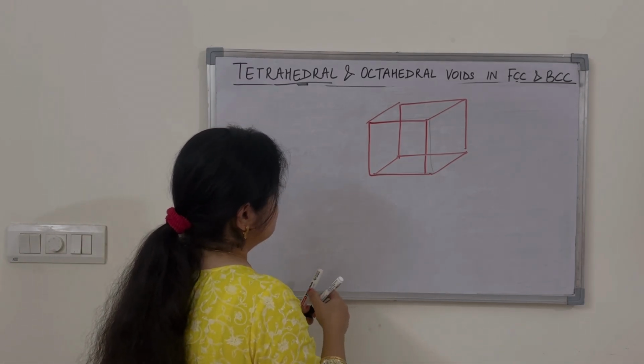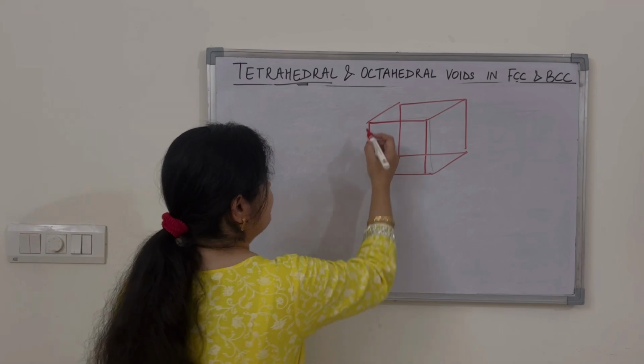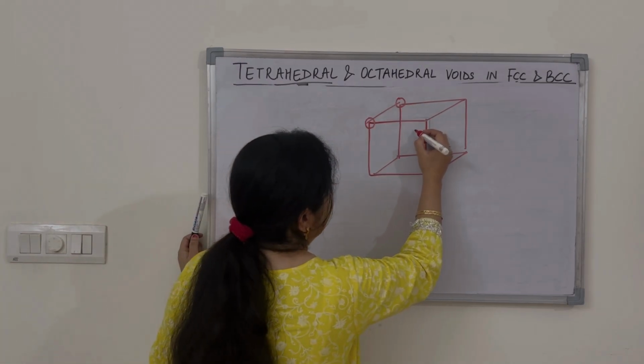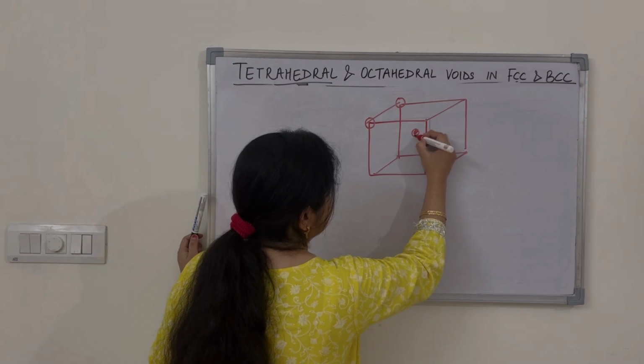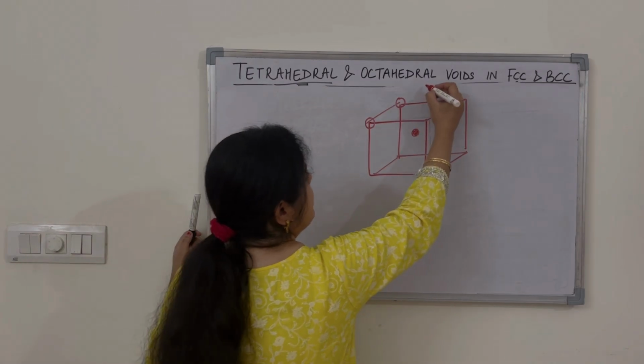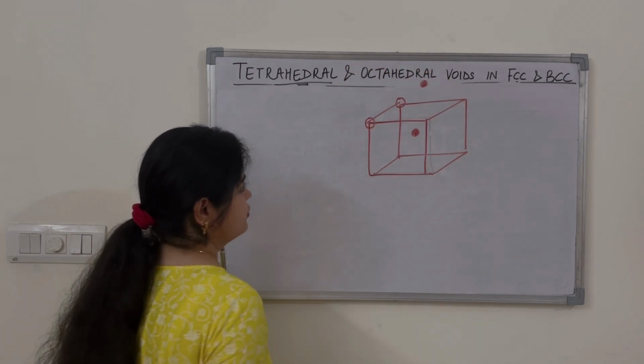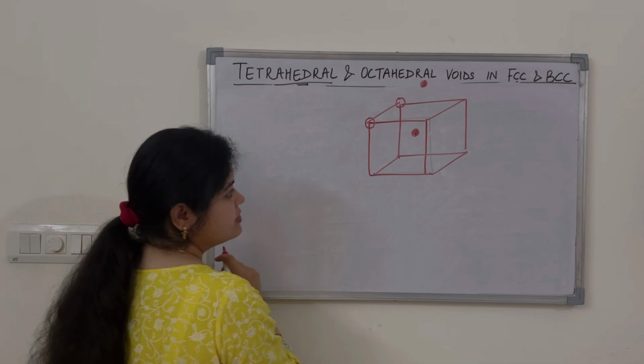So let us take up this edge and we have 2 corner atoms here, one body centered atom of this unit cell and one body centered atom of the unit cell which is above this unit cell. So we have 4 atoms now.